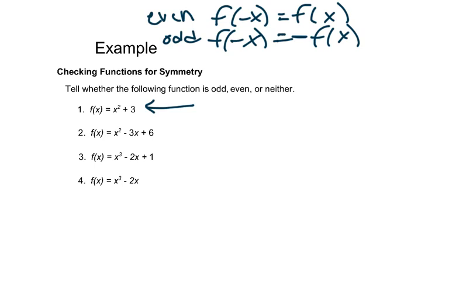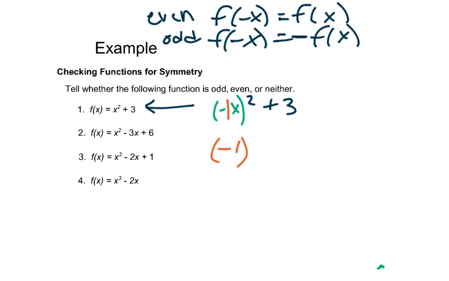Our first option here is to take the equation, which we have, of f of x equals x squared plus 3, and instead of an x, we're going to plug in, with parentheses, a negative x. We technically have a negative 1 that is being squared and also an x that's being squared.